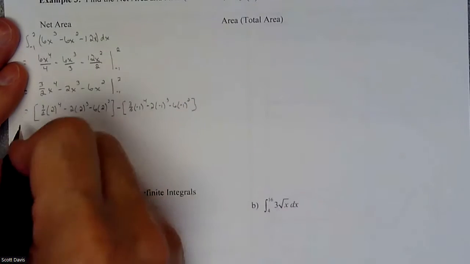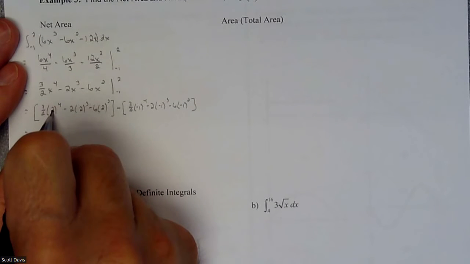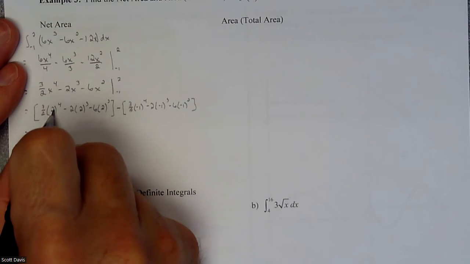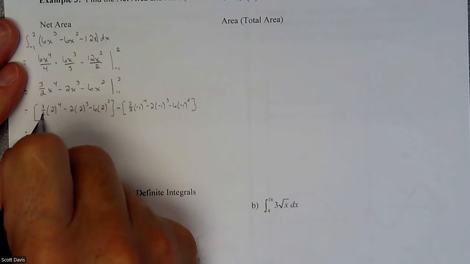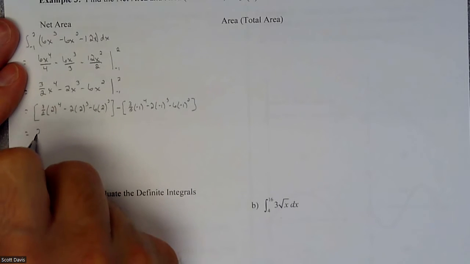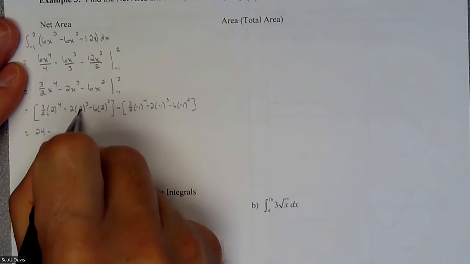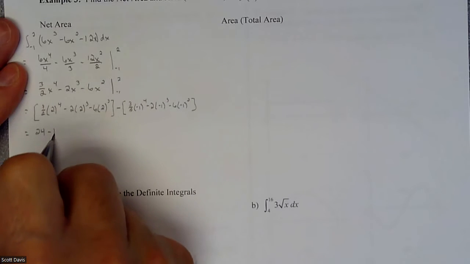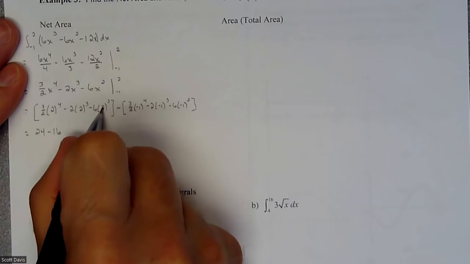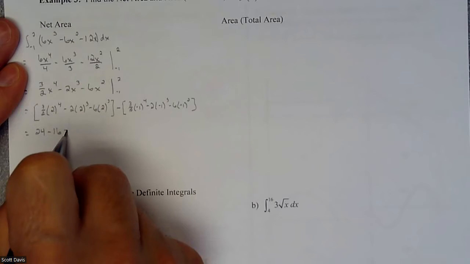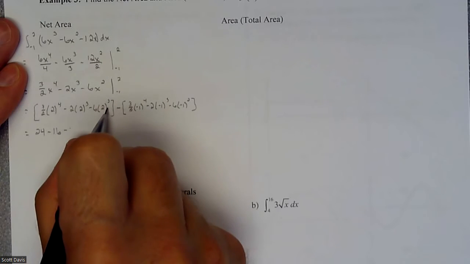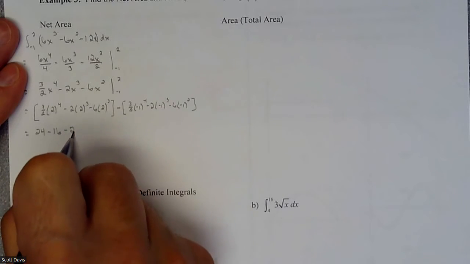So we do this, we're looking at 2 to the 4th, 2, 4, 8, 16. 3/2 of 16 would be 16 divided by 2 is 8 times 3 is 24. And then this is going to be 8 times 2, so minus 16. And that is 4 times 6, so minus 24.